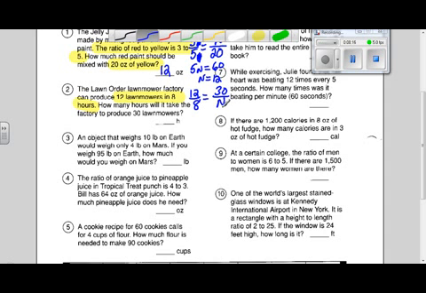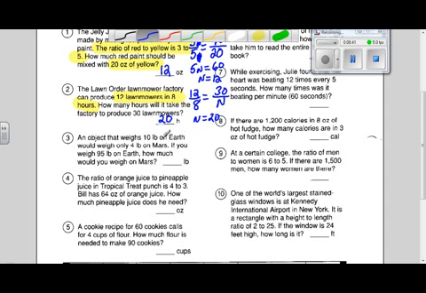I'm asked how many hours, so I have to make sure I write a ratio that has the corresponding numerators representing lawnmowers, corresponding denominators representing hours. When you cross multiply and divide, we wind up with n equal to 20. 20 hours it would take to produce those lawnmowers.